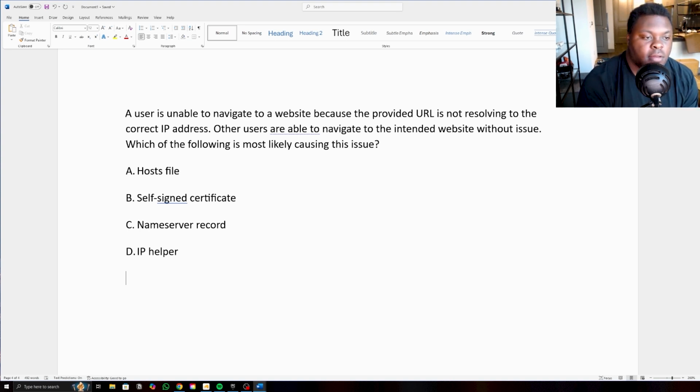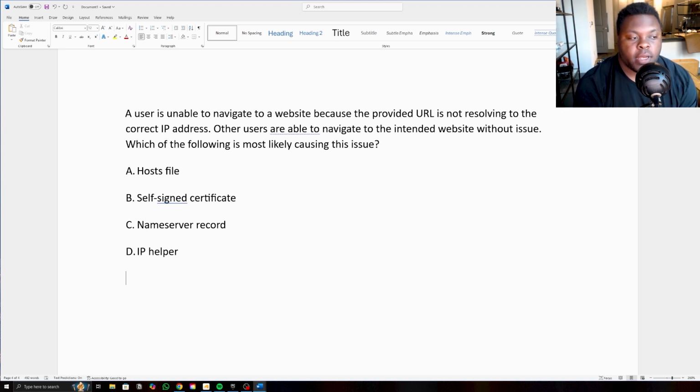This would affect all users, and because this is only an individual user's DNS issue, the name server record is too broad of an issue because it's only individual. And then we have answer choice D, which is the IP helper. IP helper is a DHCP, or dynamic host configuration protocol. It assigns IP addresses to computers or devices on a network.